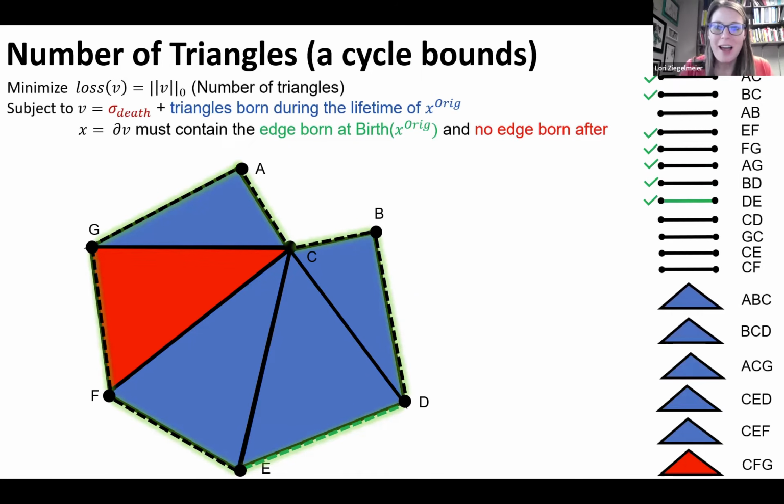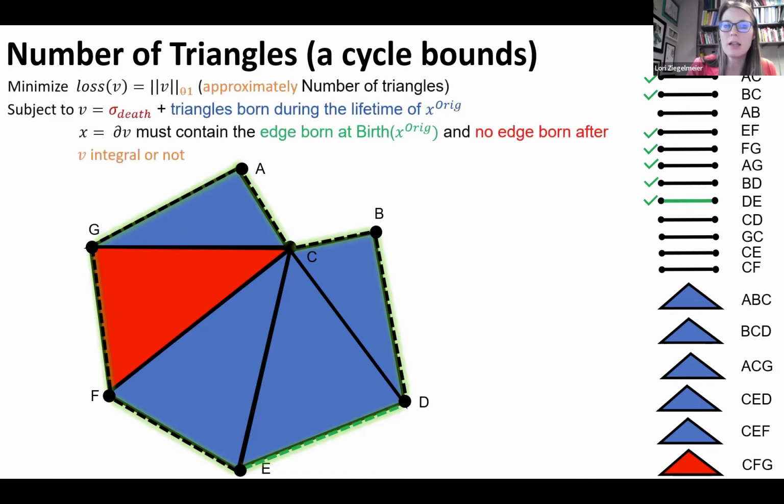And just like with the edge loss case, instead of using the 0 norm, we can replace this with the 1 norm and consider if V is integral or not. One other important thing to point out is that an original cycle representative is not needed anywhere in this.